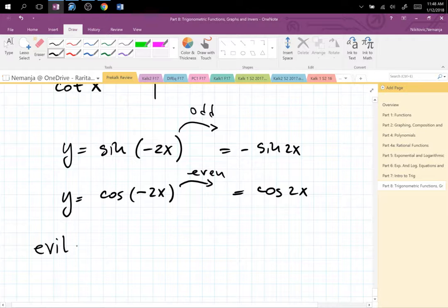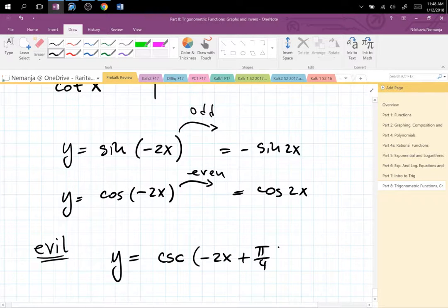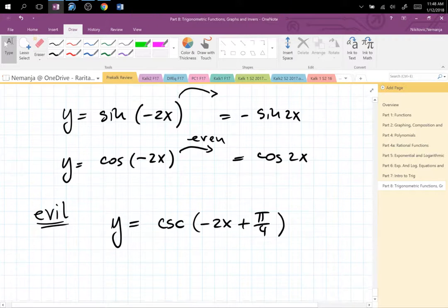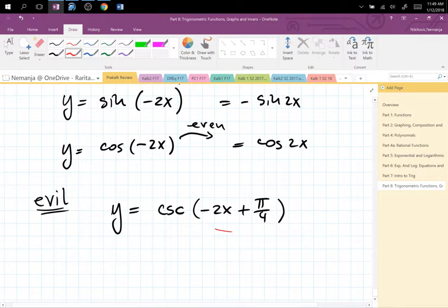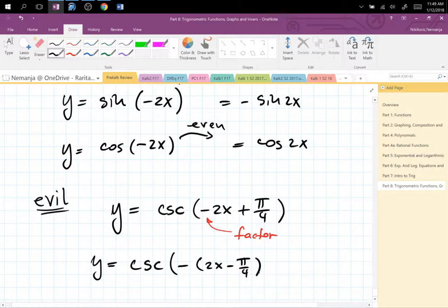So here, the evil one: you have y equals, let's say, I don't want to go secant, let's go with a cosecant of negative 2x plus pi over 4, as a function. Now I'll write in red, factor. When you factor that one, you will get cosecant of negative 2x, and here is the great killer: the plus pi over 4 switches to negative pi over 4.